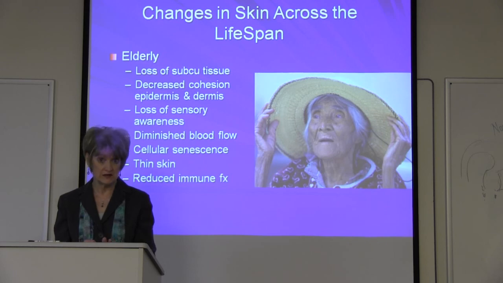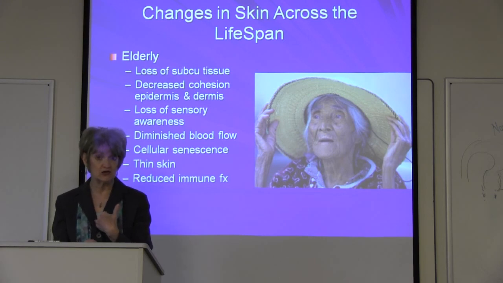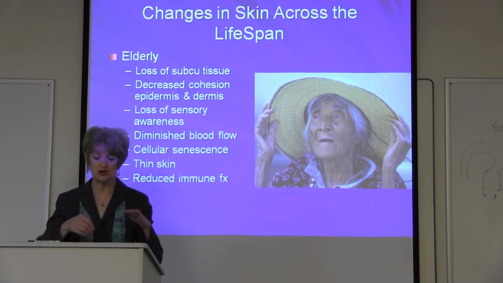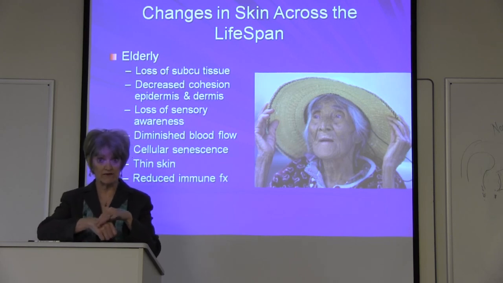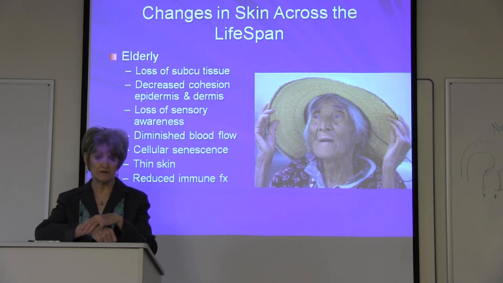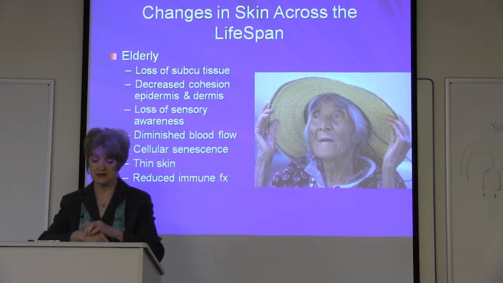That reduced activity of the sebaceous glands is very significant because it means you have gaps between your cells. It means it's very important for us in providing routine care to routinely moisturize, to use products that will penetrate the stratum corneum, fill the gaps between the cells, maintain that barrier function, maintain elasticity of the skin.